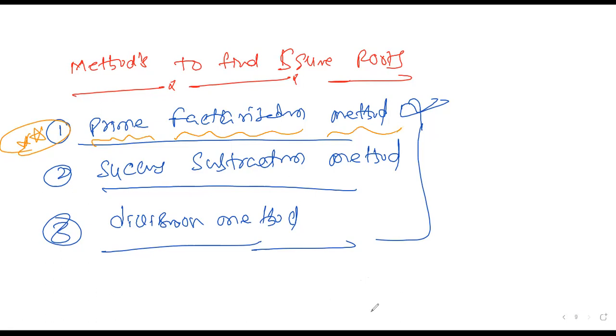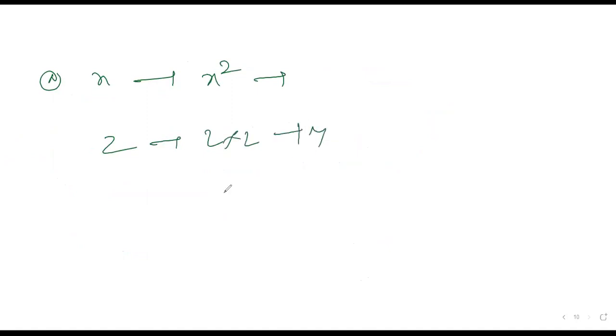Finding a square is very simple, as I told you already. If x is a number, for example 2, you multiply 2 into 2 and the answer is 4. It's very simple, but finding the square root is a little difficult. So you have to be more careful while finding the square root. The first method we discuss is the prime factorization method.